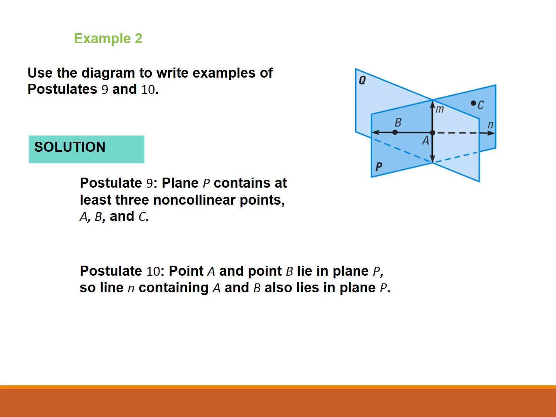So we chose points A and B. They're lying on plane P. So therefore line N containing A and B also lies in plane P. See, it's passing through the lighter one. That means it's still on the darker one. Remember now, at any time you need to pause to be able to copy these.